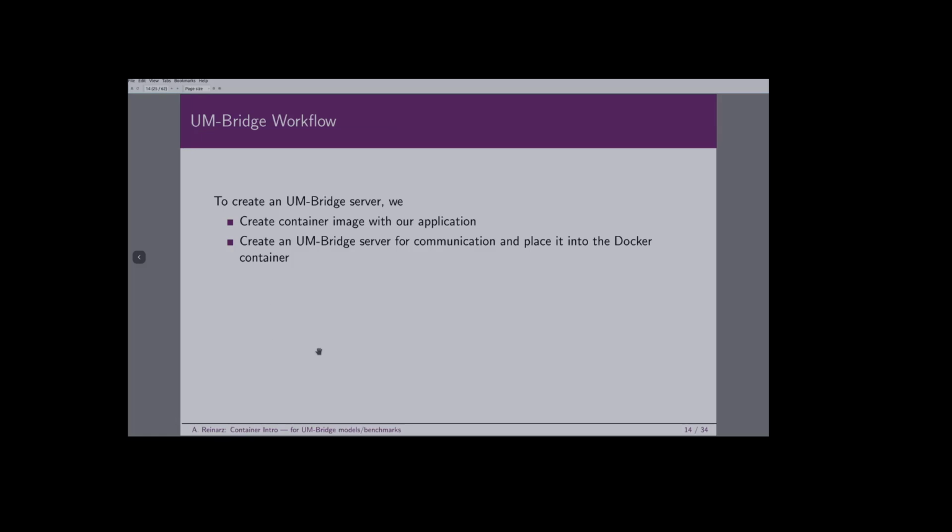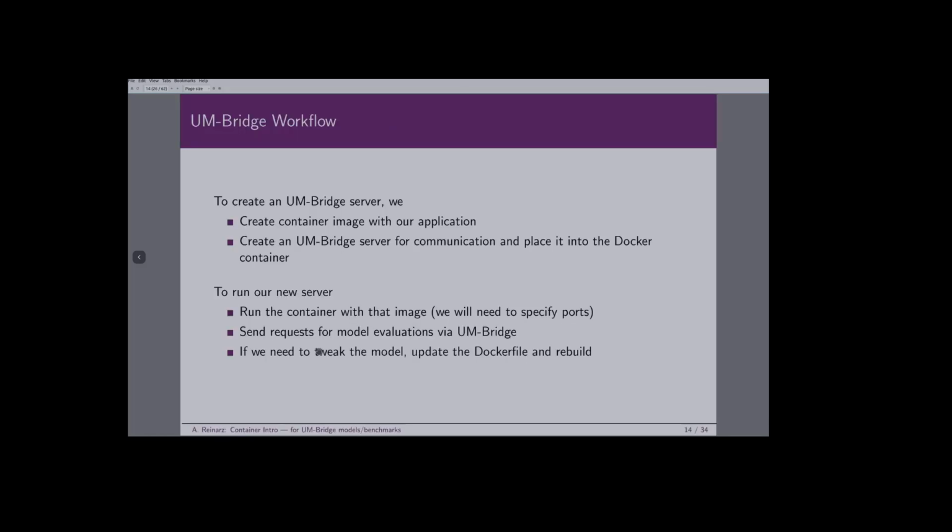So we need to make a container image which contains our entire application. So that should go from installing all the way to running. And then we need to create an Umbrage server, which will communicate with our clients and then place that also into the Docker container. To run the server, we can then just run the container with that image.